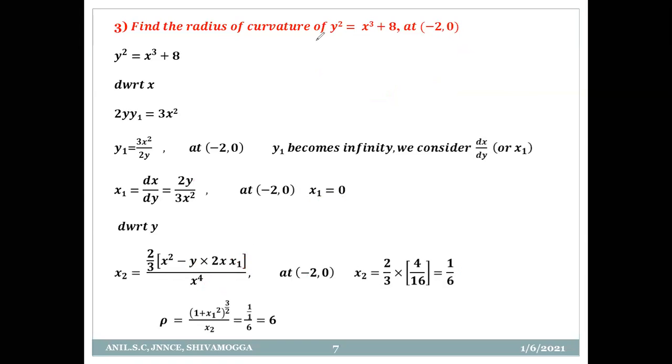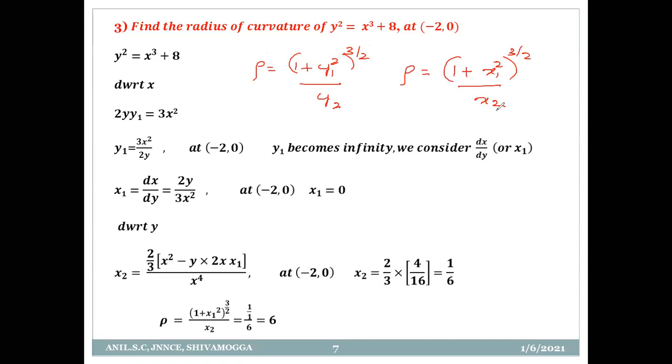Now we can easily find the radius of curvature. Actually, the radius of curvature is given by rho is equal to 1 plus y1 square whole power 3 by 2 divided by y2. Now the roles of x and y are interchangeable. Therefore, equivalently we write 1 plus x1 square whole power 3 by 2 divided by x2.